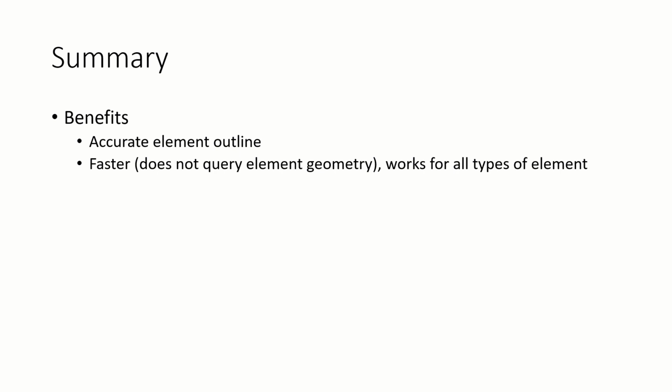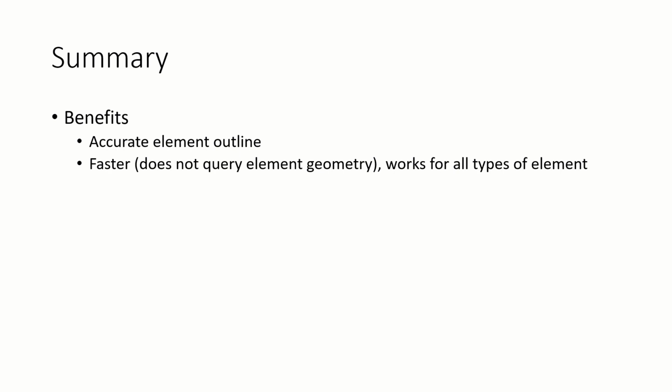If you imagine a manufacturer-made Revit family, it will have a lot more details than the simple box that we are showing. Therefore, if you query the element geometry, it will take a tremendous amount of time if you're doing that across multiple elements. Using this method, it queries the bounding box and the rotation angle, which are both default parameters. So it works for all kinds of elements.